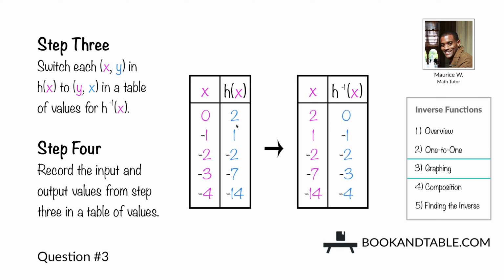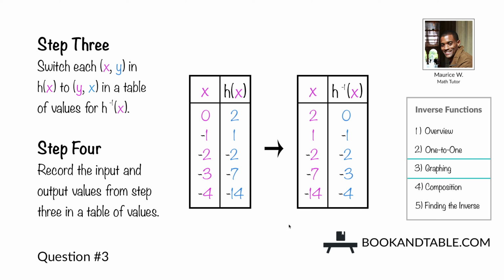So 0, 2 becomes 2, 0. -1, 1 becomes 1, -1. -2, -2 remains -2, -2. -3, -7 becomes -7, -3. And -4, -14 becomes -14, -4.